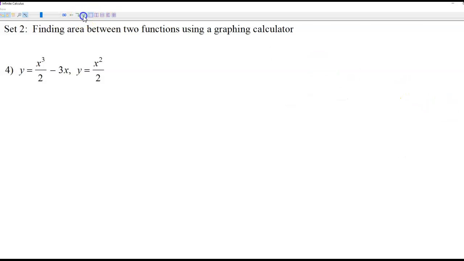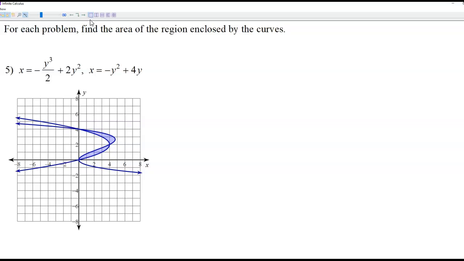Last thing I want to talk about for area between curves is doing integration with respect to y. Now, sometimes you want to find the area between curves, and those curves are defined not as functions of x, but as functions of y. Now when we do that, it's basically the same thing.